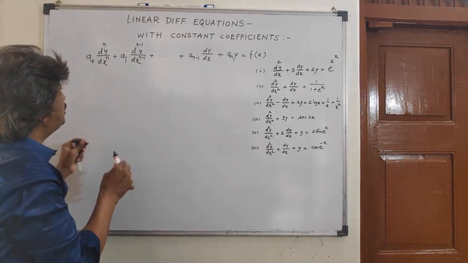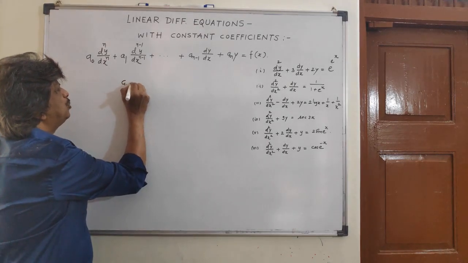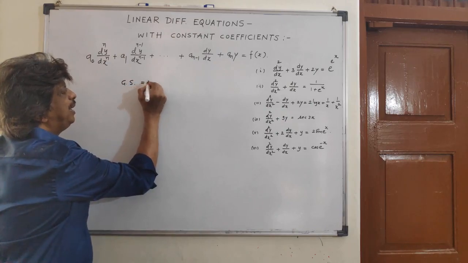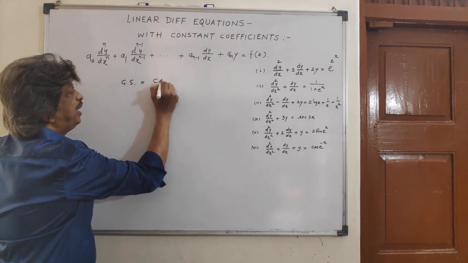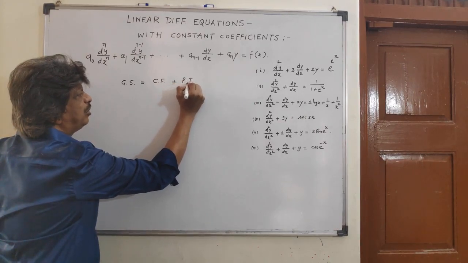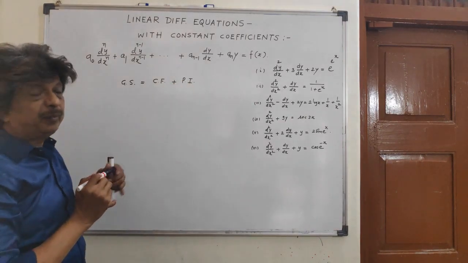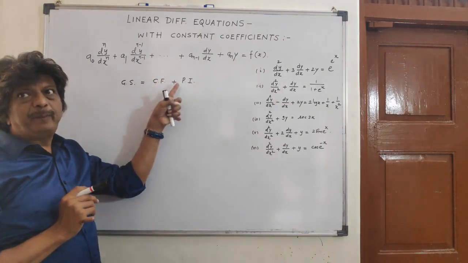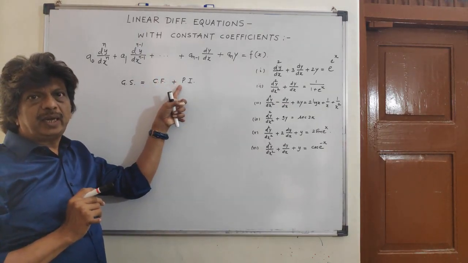The general solution means the complete solution. The general solution of such an LDE is equal to CF plus PI. So what is this CF and what is this PI? CF is nothing but the complementary function and PI is nothing but the particular integral.